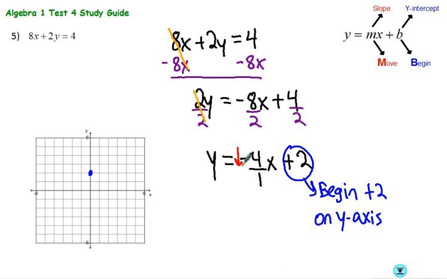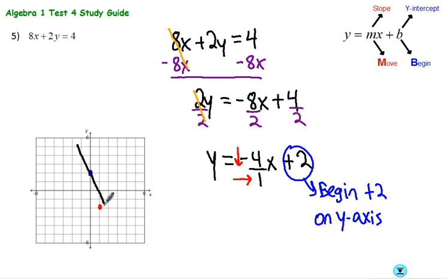That's a negative, so I'm going to go down, and the number on the bottom is always to the right. To get to your friend's house, you go down 4 streets and 1 street to the right. So down 4 streets, 1, 2, 3, 4, 1 street to the right, and there you are. And then we'll connect.